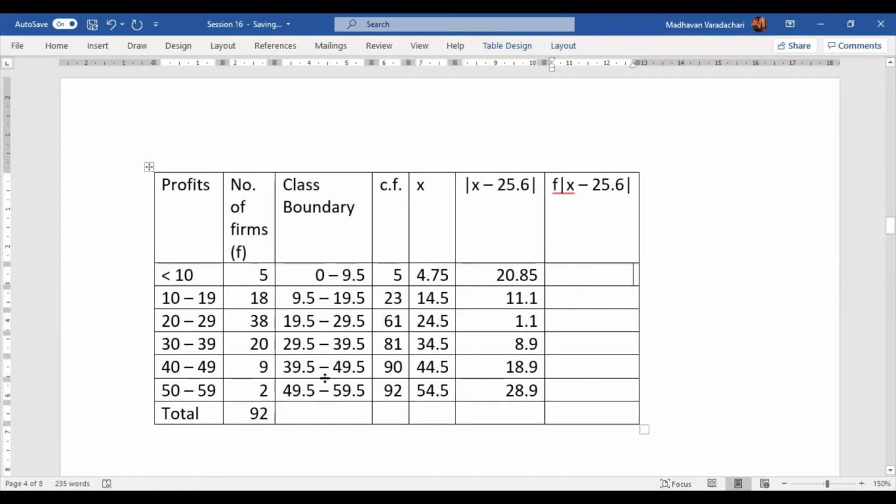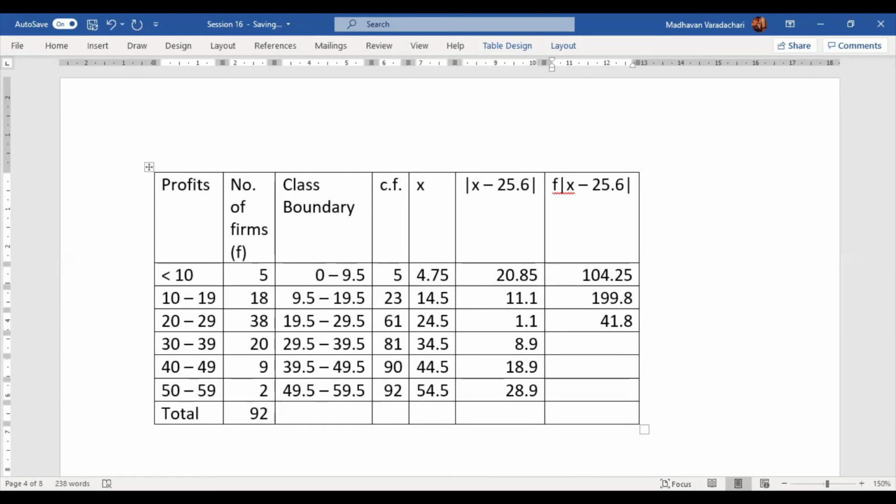The next step is frequency multiplied by this value. Frequency is available here. So 5 into 20.85, we get 104.25. Then 18 into 11.1, 199.8. Then next one is 38 multiplied by 1.1. You get 41.8.